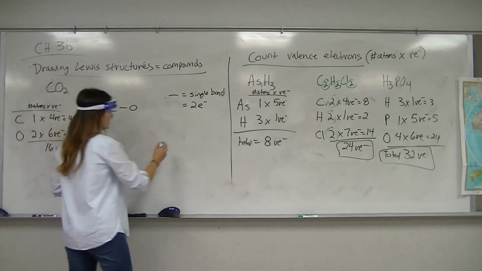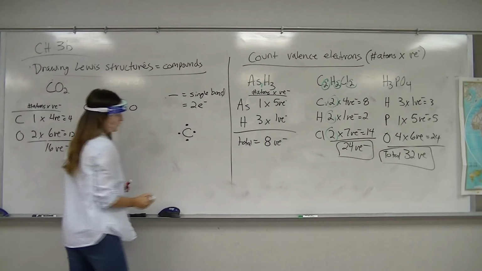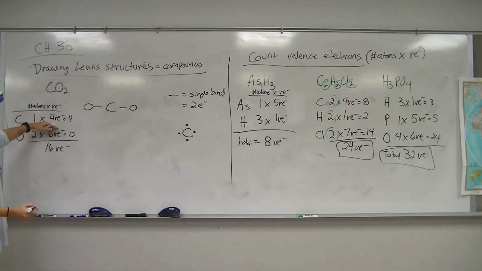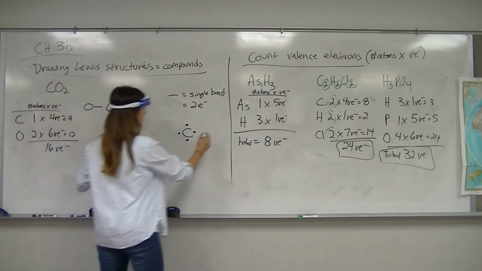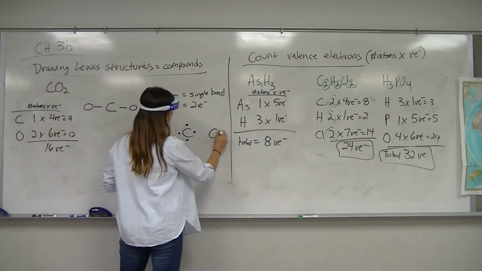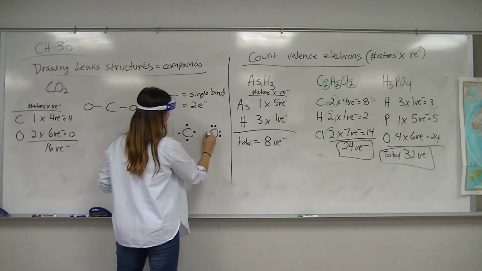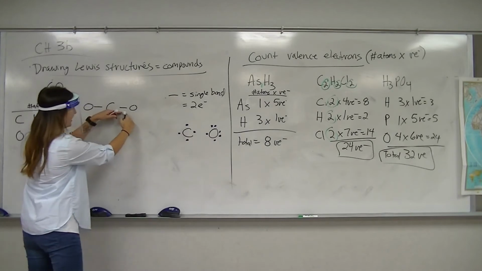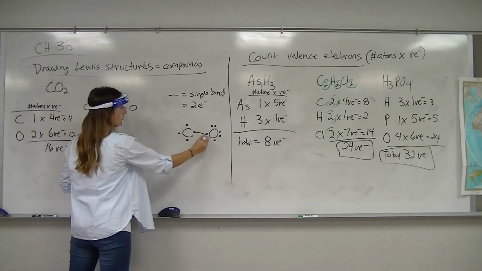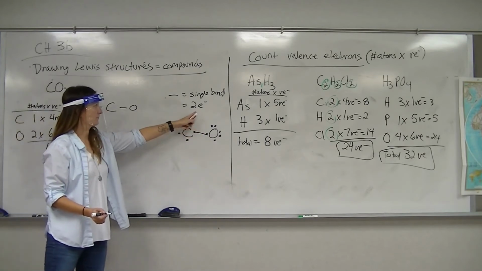So what that means is, if I drew carbon's Lewis dot structure, it would have 4 valence electrons like we saw here, right? Then say we have oxygen. Oxygen we said has 6. So 1, 2, 3, 4, 5, 6. So this line, this single bond, is because carbon and oxygen, they're sharing and making a bond with those 2 electrons.